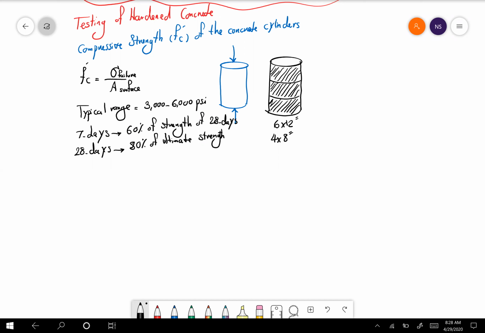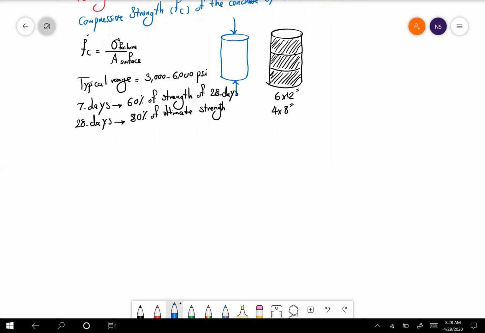Okay, the second test is called the split tension test, or split tensile test. Most of the time you use the same machine, but this time instead of placing the sample in the vertical direction, you just place it down in the horizontal direction, right?